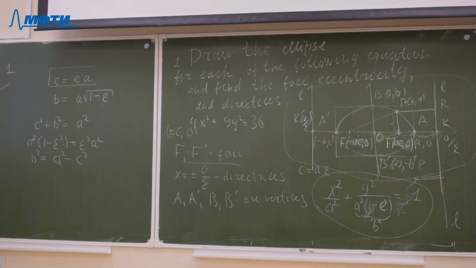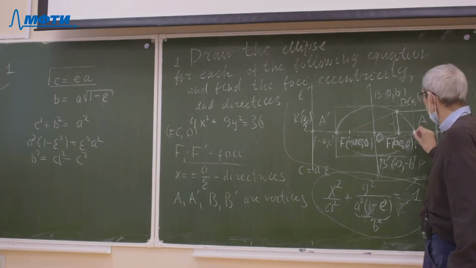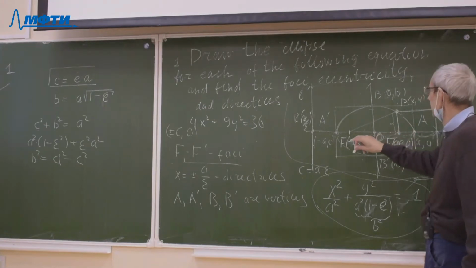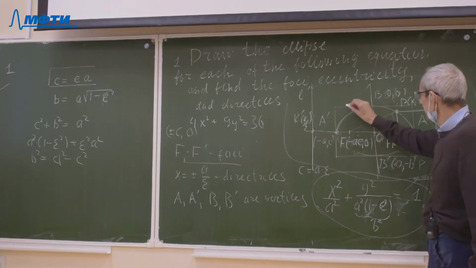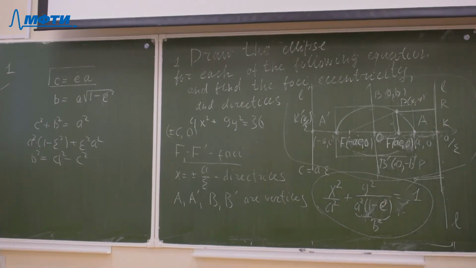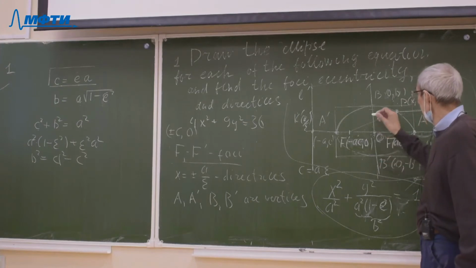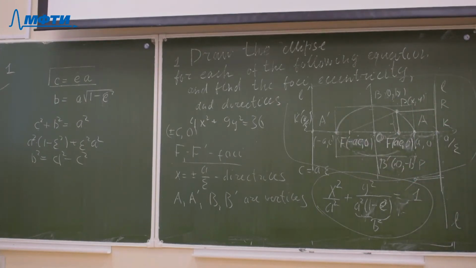The ellipse has the following form: this curve lies inside our rectangle, and the sides of this rectangle are tangent to our ellipse at the vertices of our ellipse.